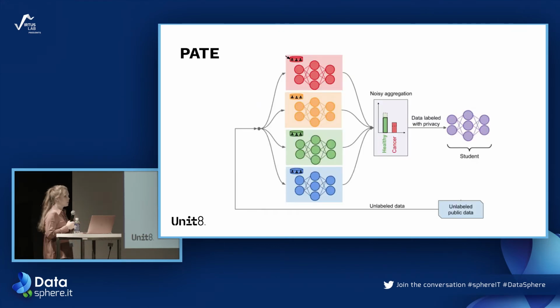And here, when we reduce that privacy issue, we are reducing overfitting by the same measure. And many teachers agreeing on the same label indicates confidence in the correctness of that prediction, because those teachers were trained on separate partitions of data.